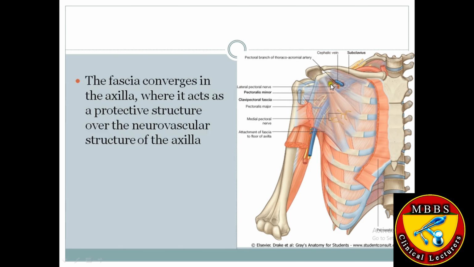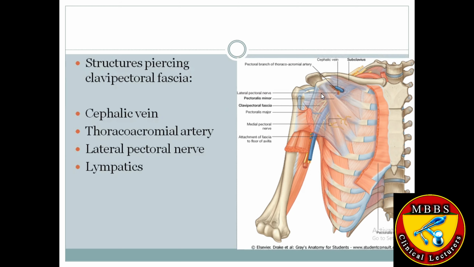The fascia converges in the axilla where it acts as a protective structure over the neurovascular structures of the axilla. Structures piercing the clavipectoral fascia are the cephalic vein, the lateral pectoral nerve, the thoracoacromial artery, and the lymphatics.